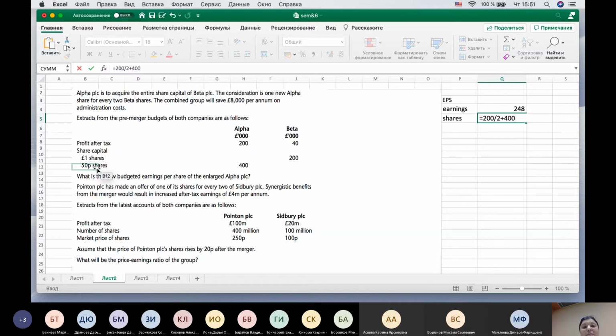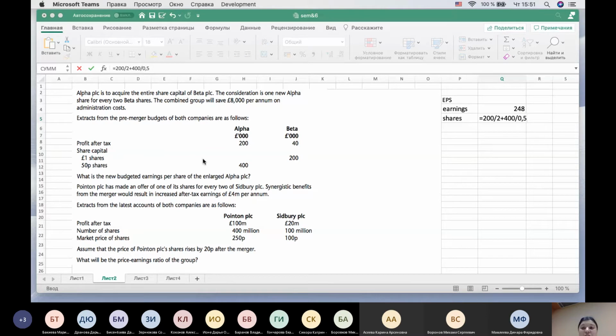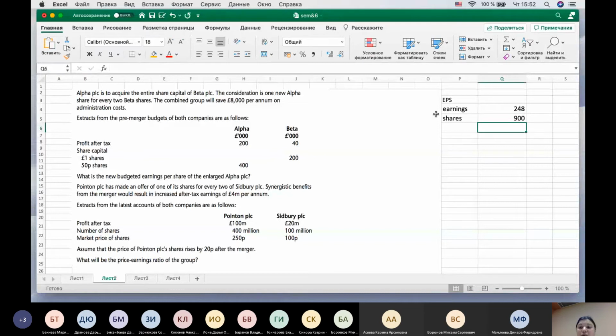To find the amount of shares of Alpha company before, it will be 400 divided by 0.5, as the nominal is 50 pence per share. It will be 800,000 shares outstanding.